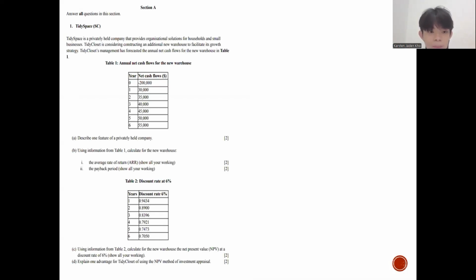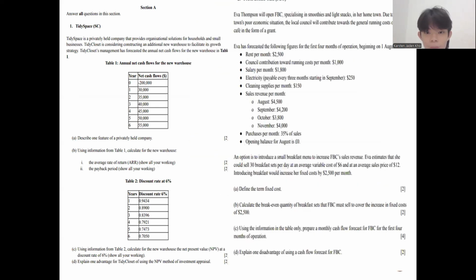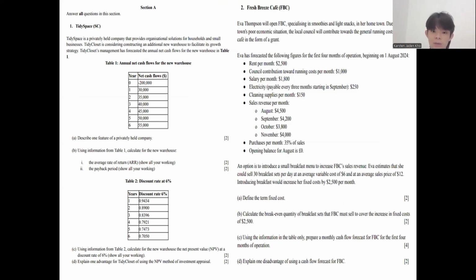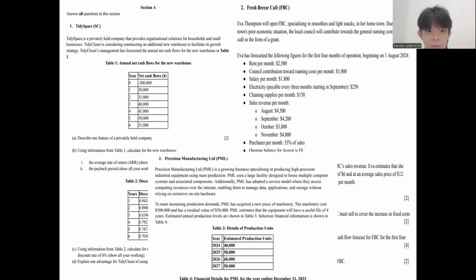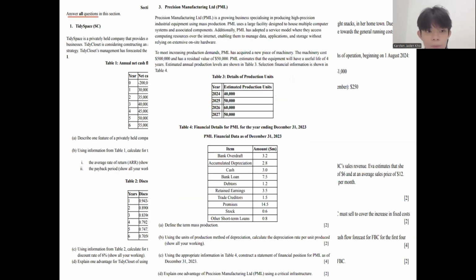So as you can see, this is section A of paper 2 HL, where students are expected to answer all questions. There are 3 questions, and it is compulsory for the students to answer all of them.